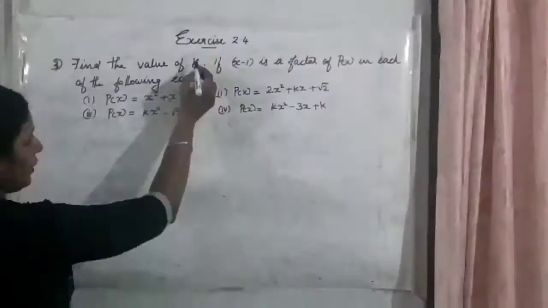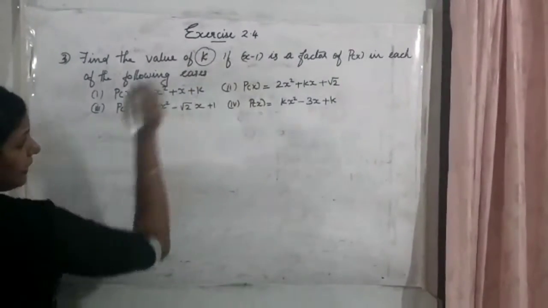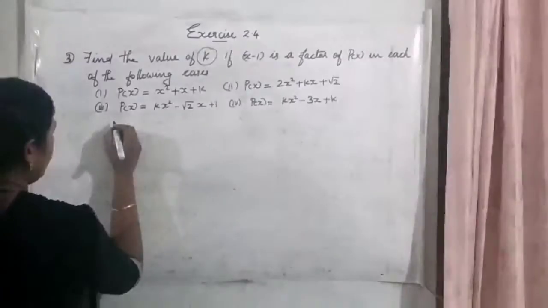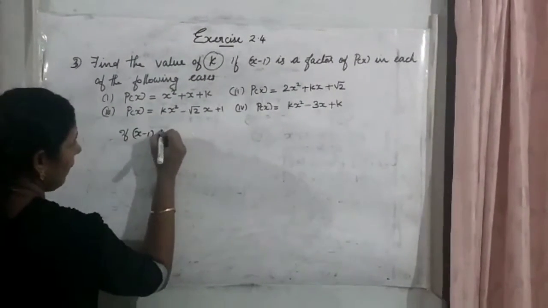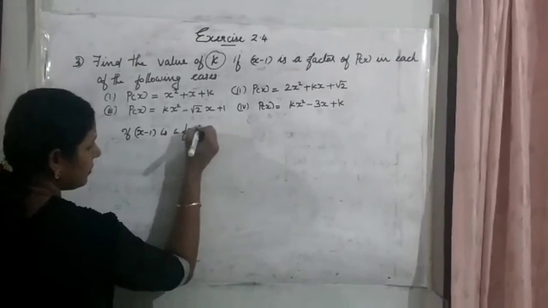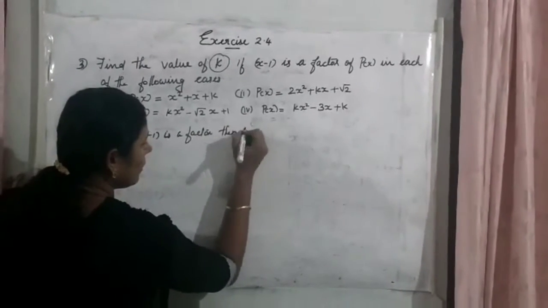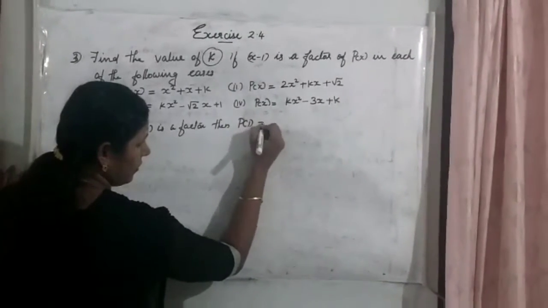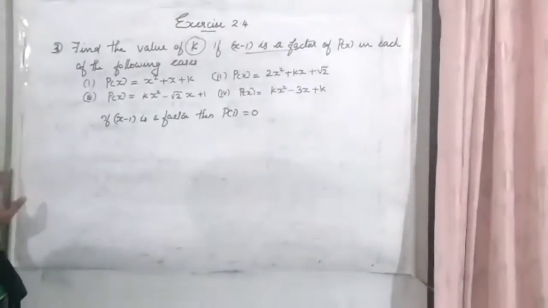Here for the first question, if x minus 1 is a factor, then we can set that P of 1 equals 0.